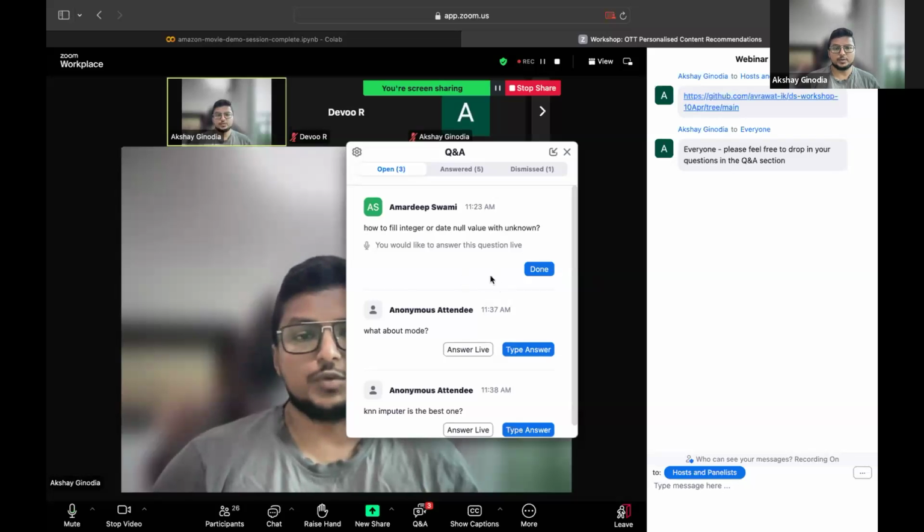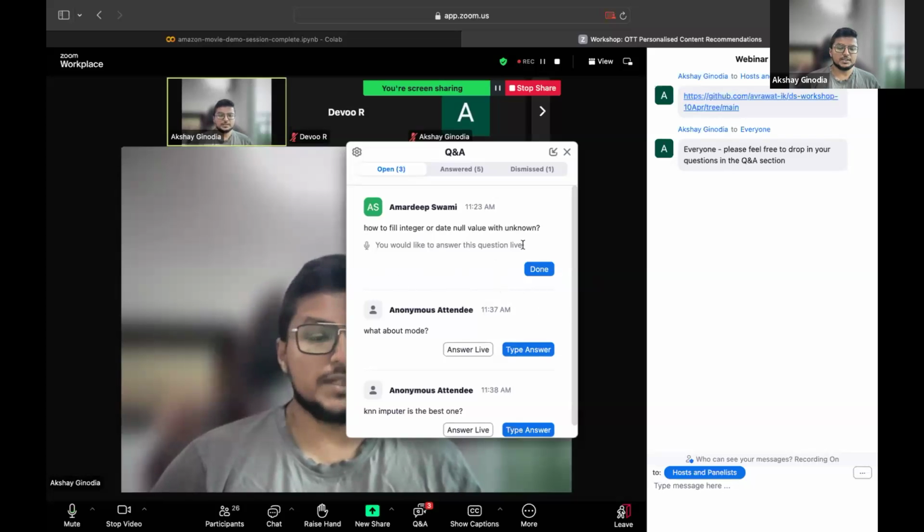But then if you have to do some operation, that becomes a problem. Date is a little more complex and it depends on the data set itself. Sometimes you might want to set it to start date, end date, some date which is out of range. You can do a lot of things, but it totally is data set dependent.